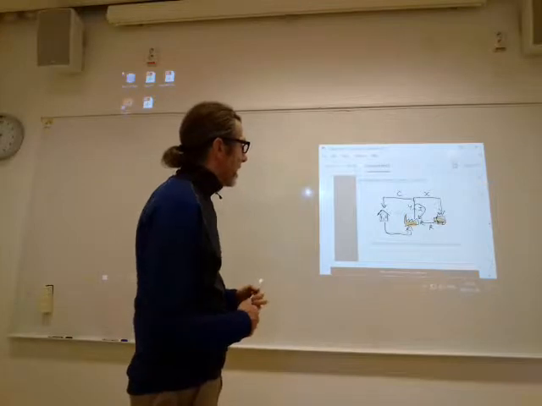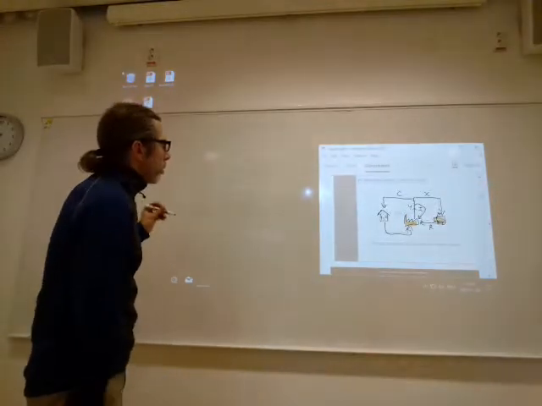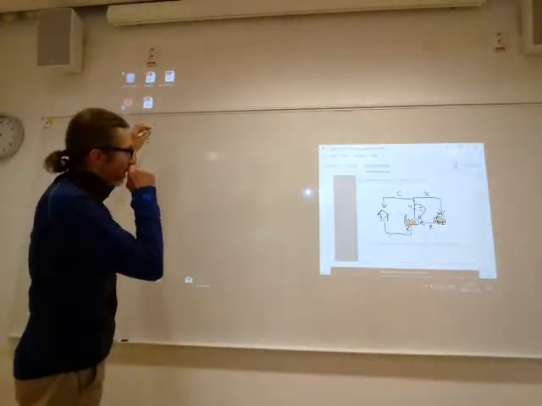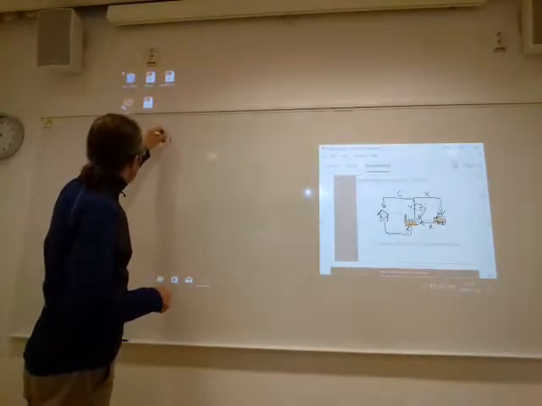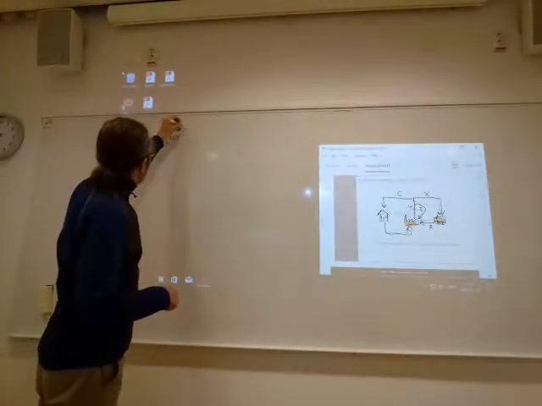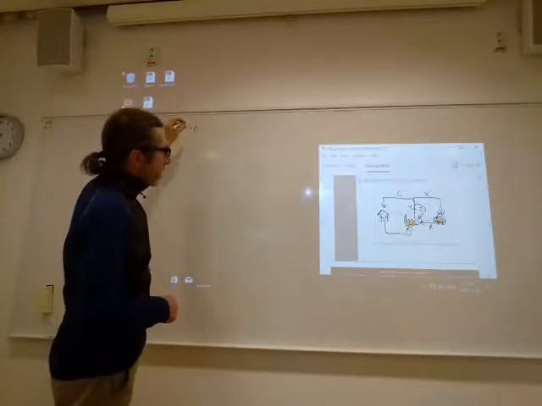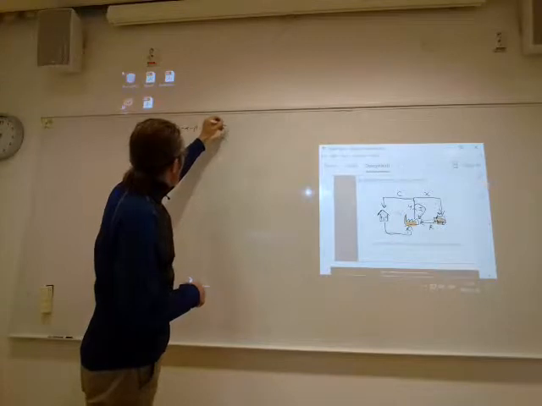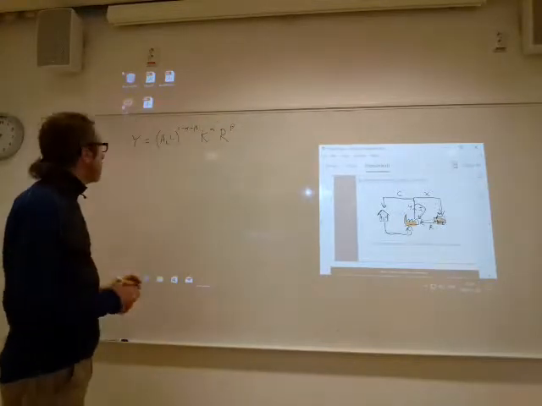And we've got the same production function. Y is A L to the 1 minus alpha minus beta, K to the alpha, R to the beta.